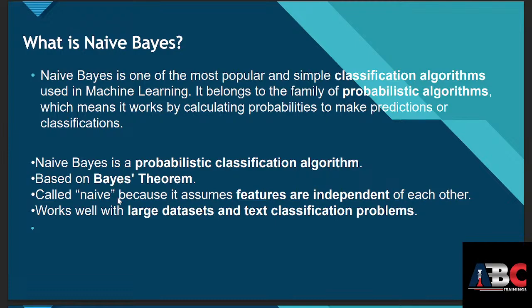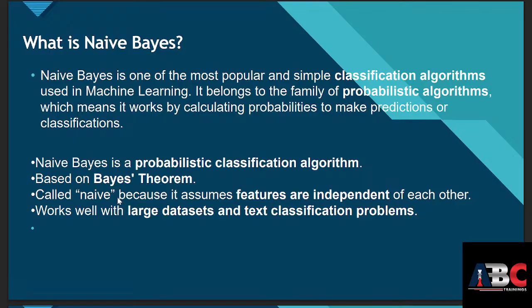In simple terms, the Naive Bayes algorithm predicts the probability that a given data point belongs to a particular class. After calculating these probabilities, the algorithm assigns the data point to the class with the highest probability.